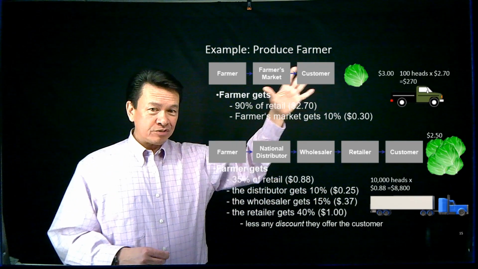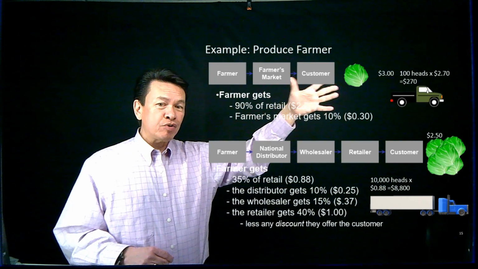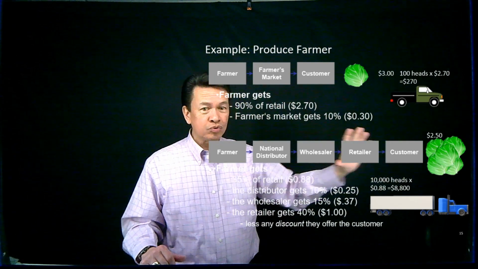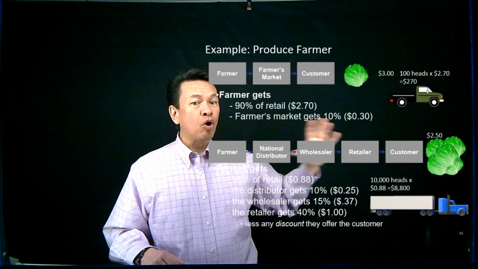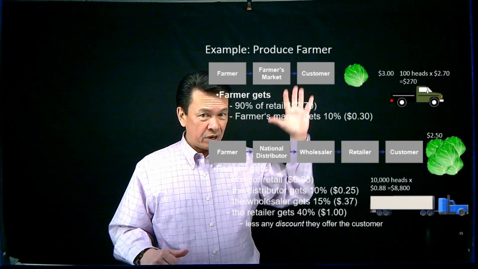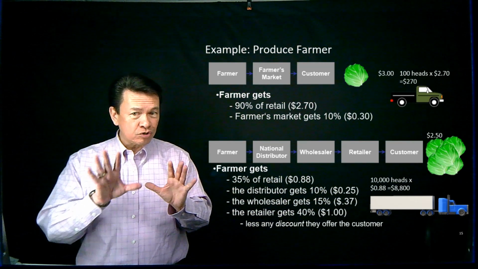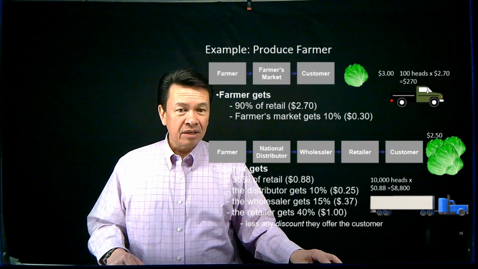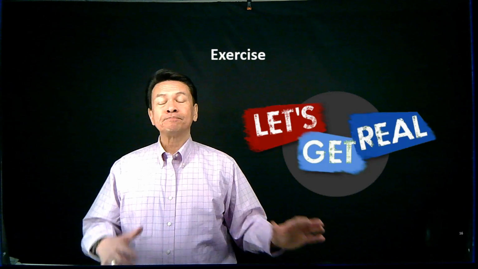So once again, not saying one is better than the other, but realize depending on what channels you use, you're going to be sharing the profits, but hopefully what you're also doing is gaining more unit sales, right? So every business is going to be different in terms of what the right mix is. That's what you guys need to be thinking about, okay?